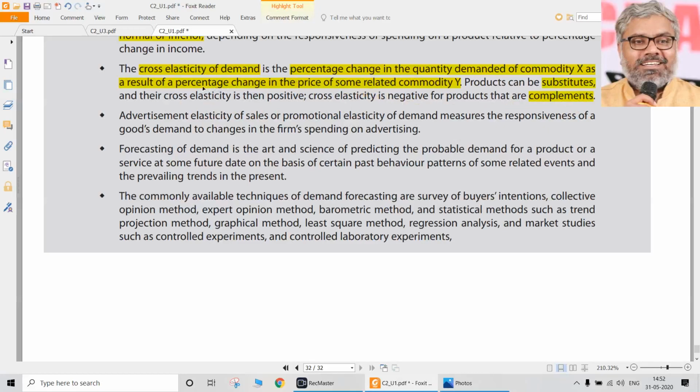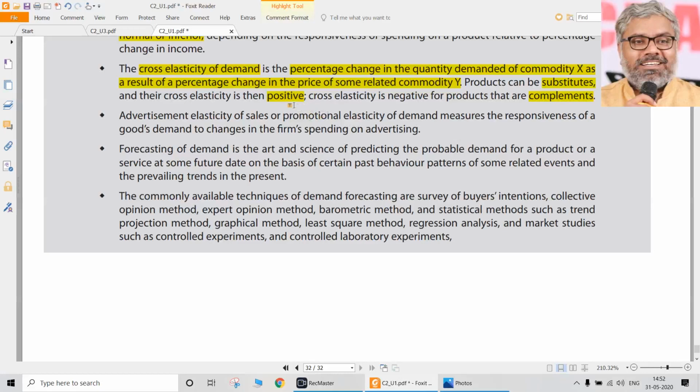Either way, there will be an impact of change in the prices of the related commodities on the demand of products. So how will the original commodity behave if there is an increase or decrease in the price of a substitute? The relationship is positive. If the price of the substitute increases, the demand for the original commodity also increases. If the price of the substitute decreases, the demand for the original commodity also decreases.